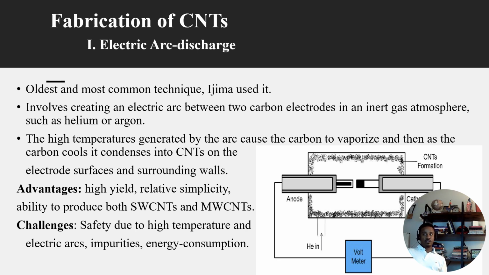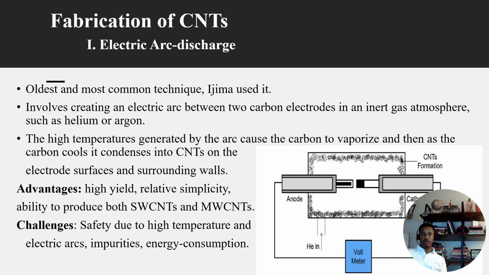The electric arc discharge method is the oldest and most common method of fabricating carbon nanotubes. In fact, Iijima, who discovered carbon nanotubes, introduced this method. He used this method in order to produce the first carbon nanotube. This method involves creating an electric arc between two carbon electrodes in an inert gas atmosphere, such as helium or argon, as you can see in the picture.